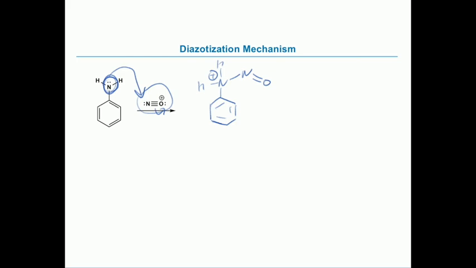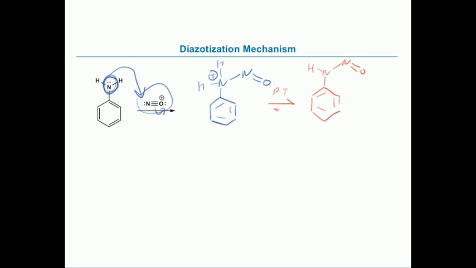And so we've just transferred the positive charge out to that center. If we do our proton transfer, we end up with our neutral molecule. So where we've now formed a single nitrogen to nitrogen bond, and it's still this oxidized nitrogen species over here.